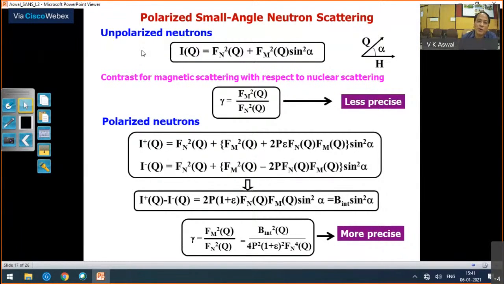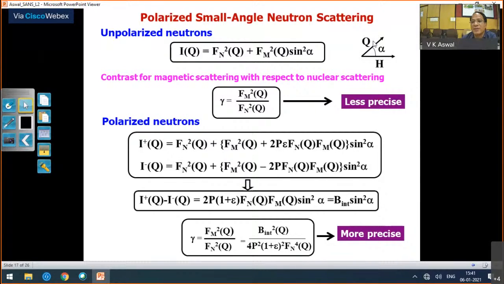As you know, neutrons, they scatter. You will have nuclear scattering as well as magnetic scattering. So if you have a magnetic system and unpolarized neutrons, this is the scattering law: nuclear contribution and magnetic contribution. To see the magnetic contribution, you have to apply a field to the system so that your moments are aligned.